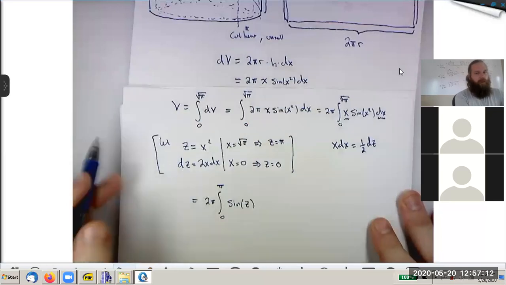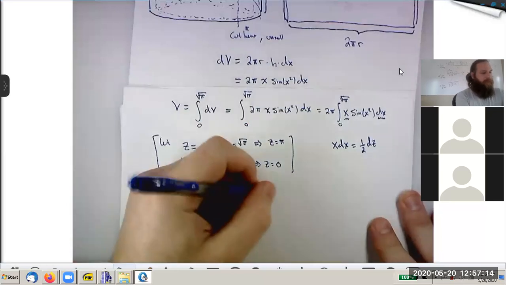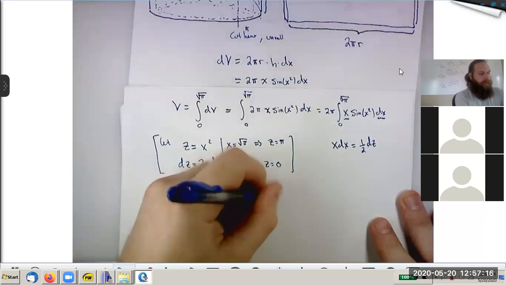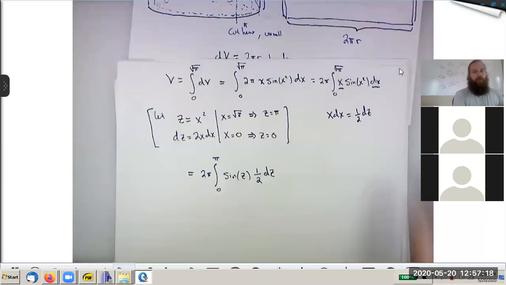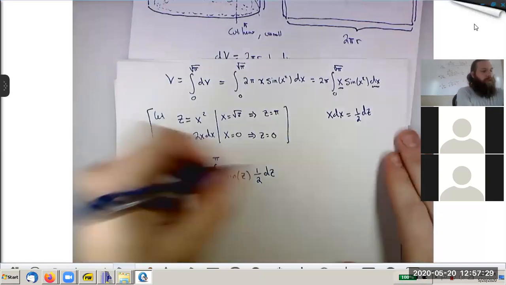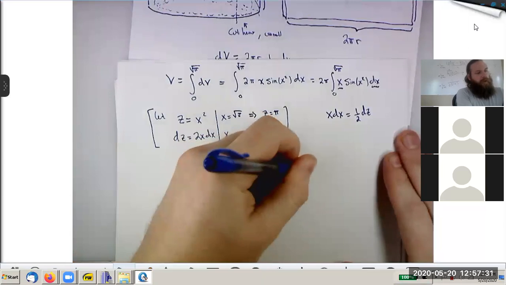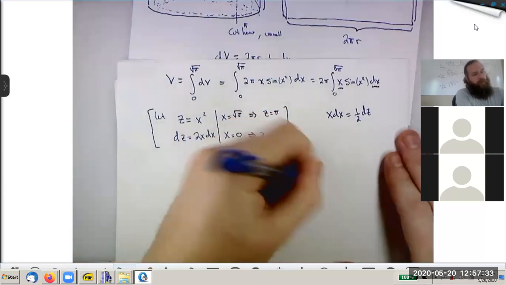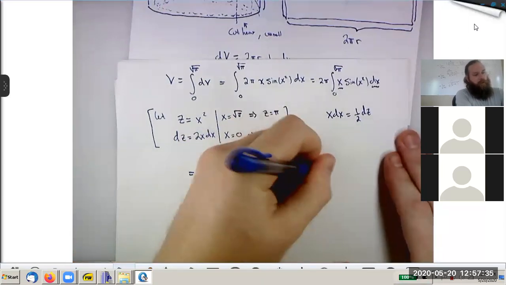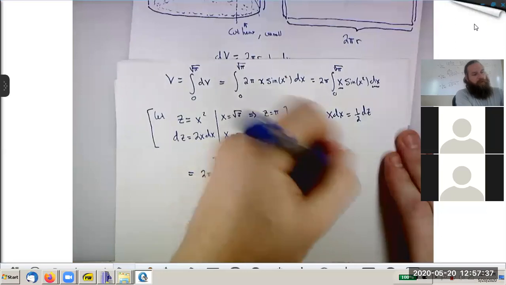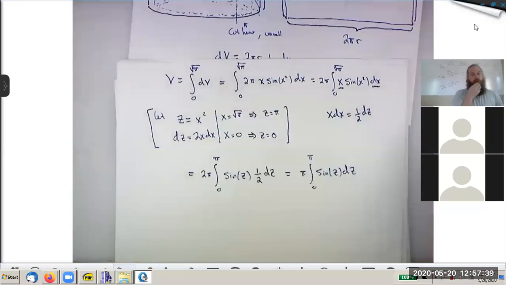Divide both sides by 2. So there's a 1/2 dz here, and that's that substitution done. Now that 1/2 will pop out and cancel with the 2 in the front, so this is pi times the integral from 0 to pi of sine z dz, which is not a hard integral.